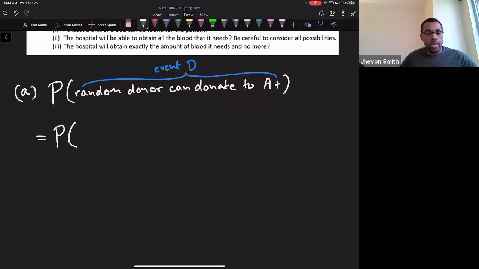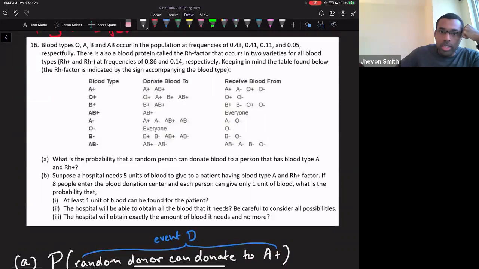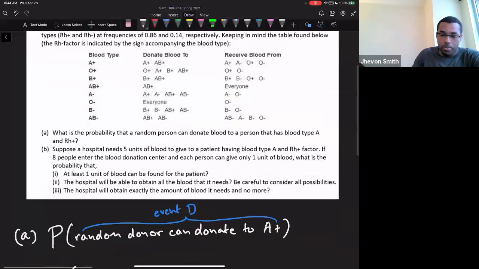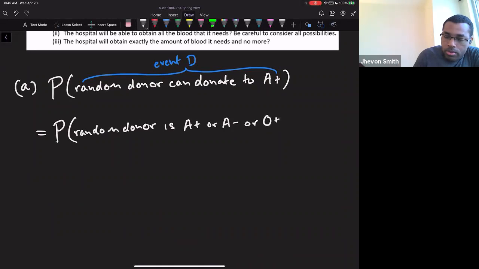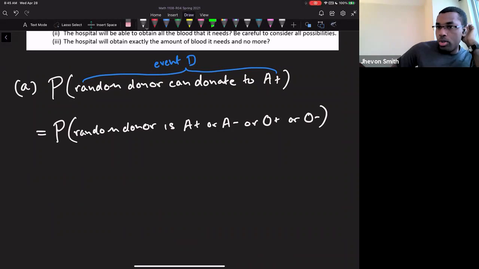This is basically asking, who can donate blood to an A positive? Well, they can receive blood from an A positive or an A negative or an O positive or an O negative. So this means the probability that the random donor is A positive or A negative or O positive or O negative, right? Now, you can't have someone who has two different blood types, so these are all mutually exclusive.